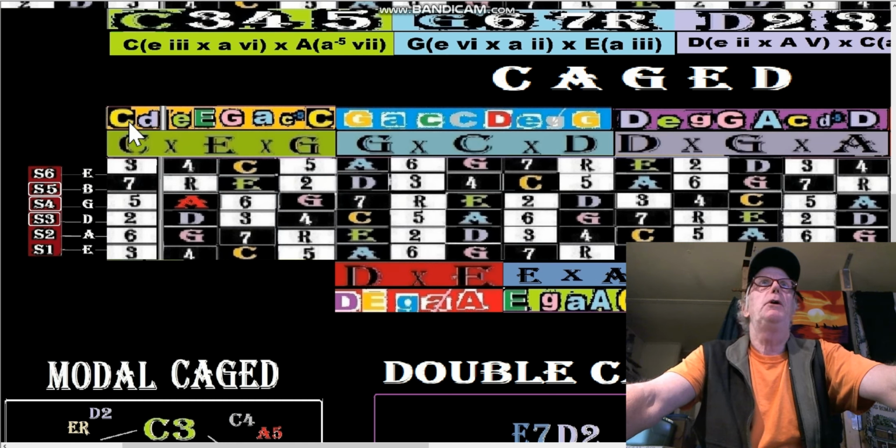Here it is in the modals. It's a C major shaped C, a D minor shaped D minor, an E minor shaped E minor. But notice in the G box, it's going to be a G major shaped G, and then an A minor shaped D minor, key of C. A C minor shaped, let's look at that C minor shaped third.